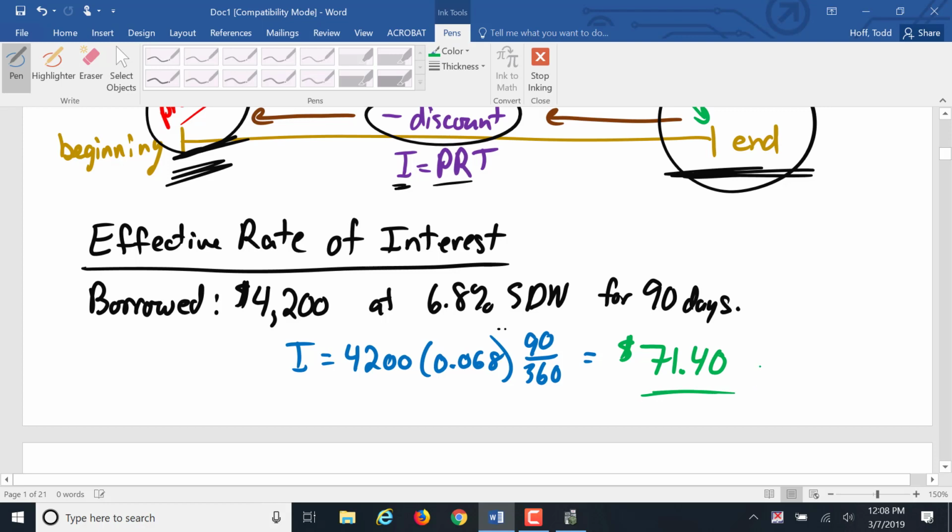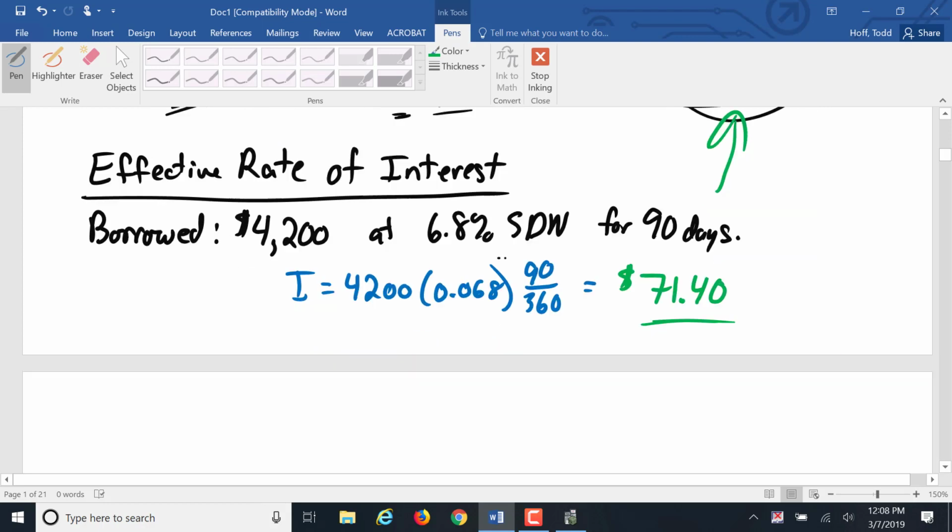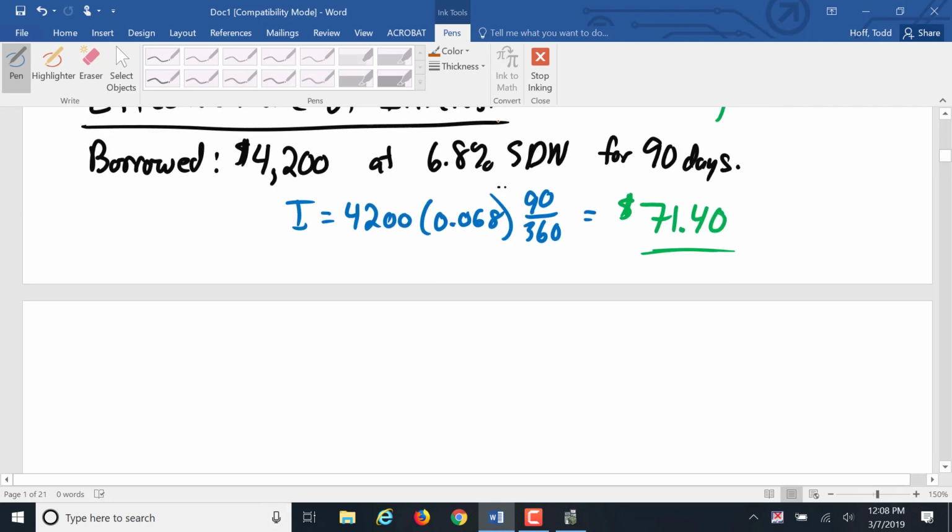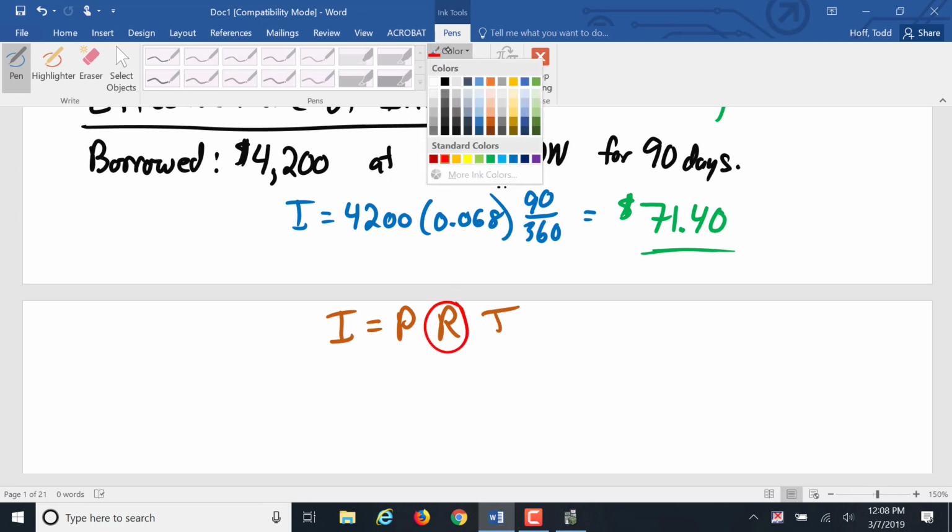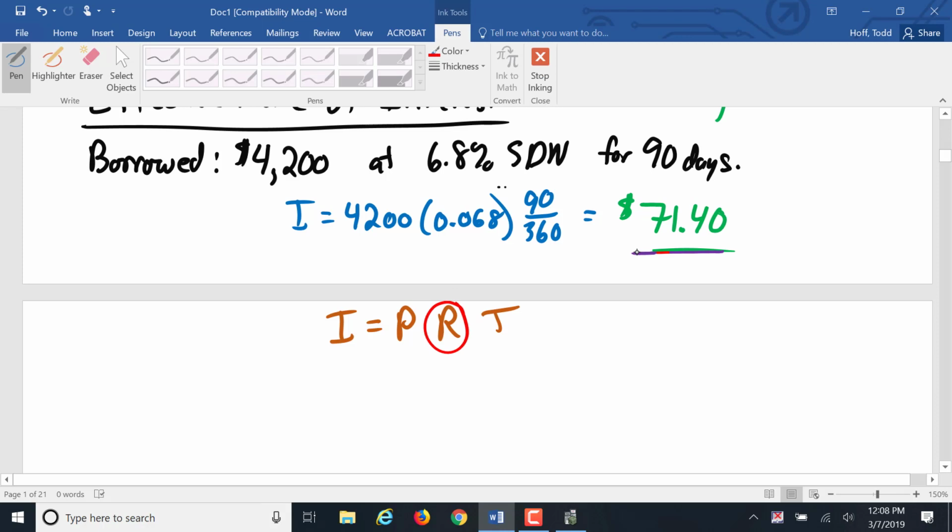So again, that represented the rate off the ending balance, the amount that's paid back at the end of the term. So to convert that to what would be an equivalent rate for a simple interest note, or based off of the beginning balance, we're going to go back and calculate using I equals PRT, looking for now this rate. So the amount of interest is that discount, the $71.40.